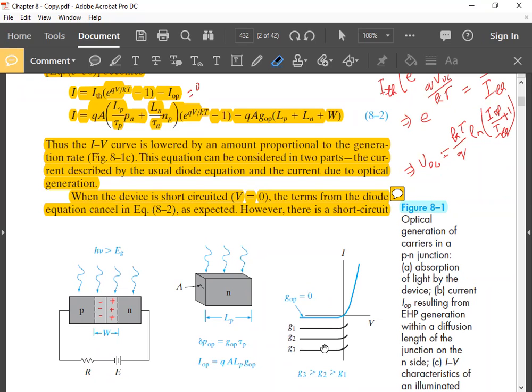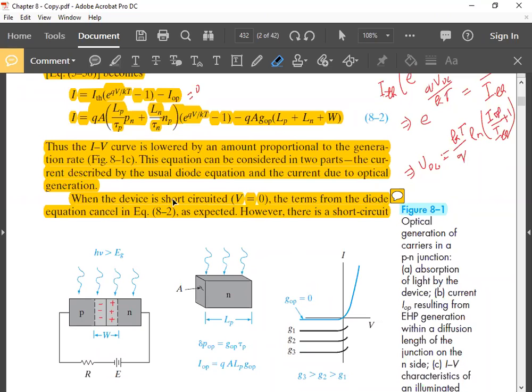Okay. So when the device is short circuited, that means you short circuit this P and N side, V will become 0. Remember, this V in the equation is the externally applied voltage, the part of it which appears across the PN junction, right? Yes, sir.